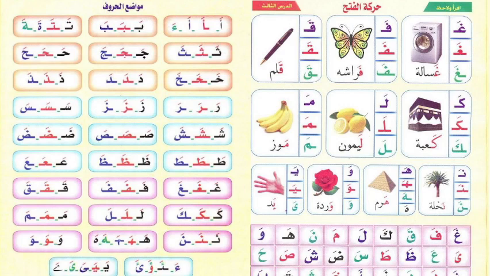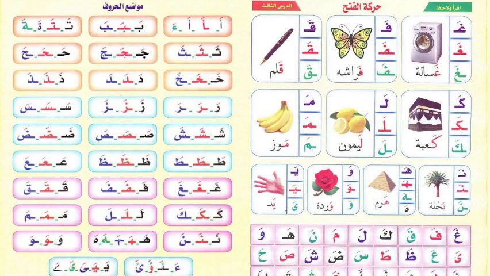The same explanation that I made for ta marbuta goes for this ha as well. If it's at the end of a letter that can be joined with another letter, we use the third form, the one in the third box.